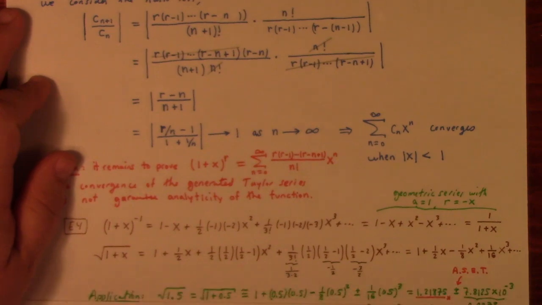And so by the alternating series estimation theorem, if you truncate the series at some term, say this one, it has to be within plus or minus the next term that we didn't use. So if you crunch the numbers here, you get 1.21875. The next term is about 0.0078, roughly speaking.